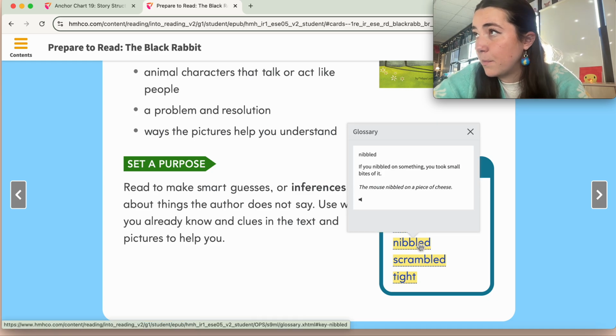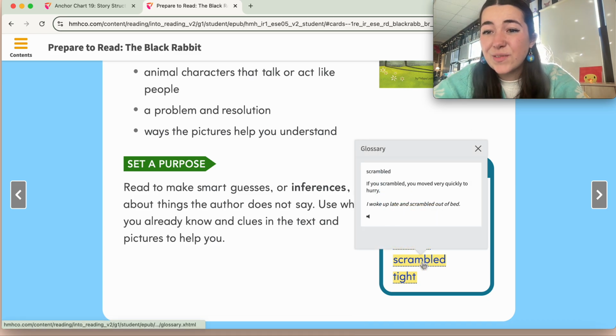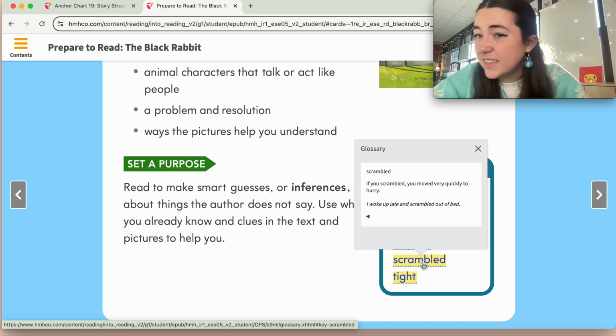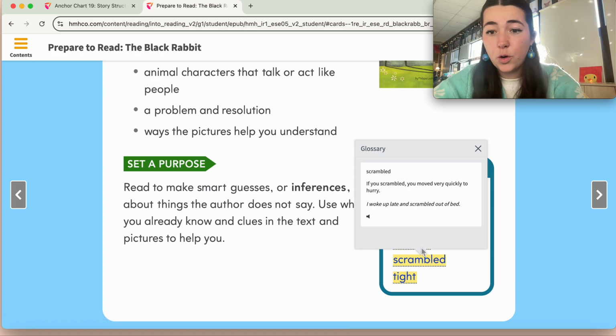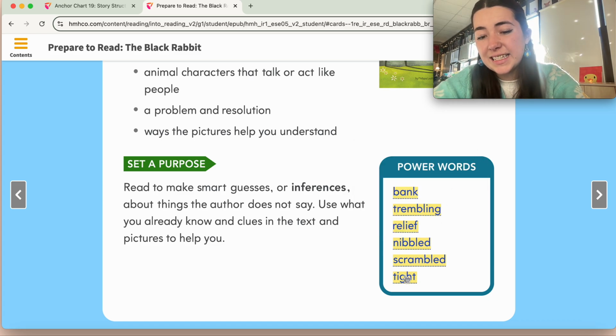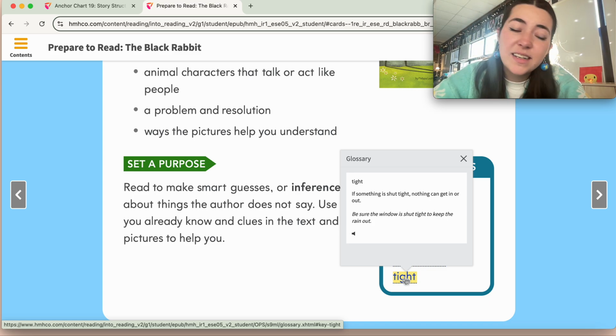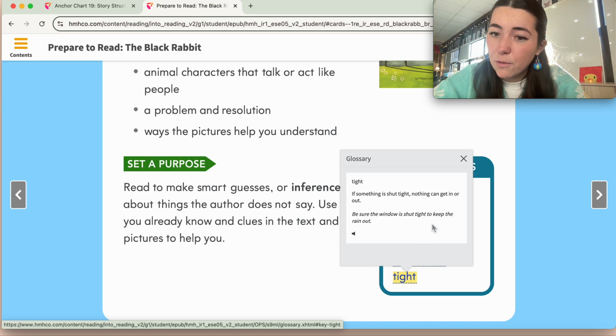Nibbled. Can you say nibbled? Very good. If you nibbled on something, you took teeny tiny small bites of it. Scrambled. Can you say scrambled? If you scrambled, you move really quickly to hurry. And last one is tight. Can you say tight? If something is shut tight, nothing can get in or out.